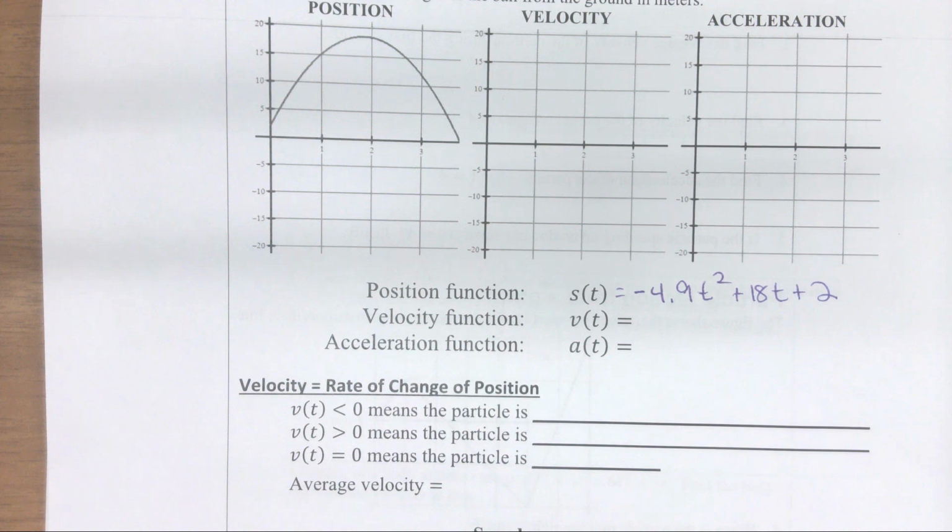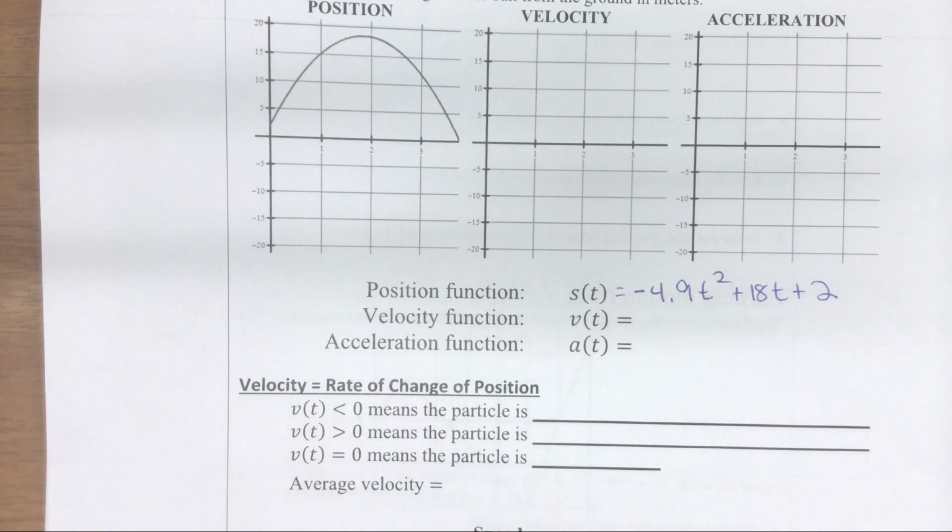You're telling me the velocity is the derivative of that, right? So what's going to happen when you take the derivative of something quadratic? It's going to become linear, and linear with a negative slope if it's opening down. If the parabola was opening up, linear with a positive slope.